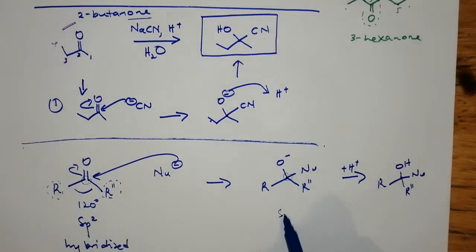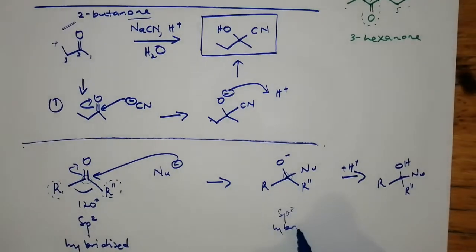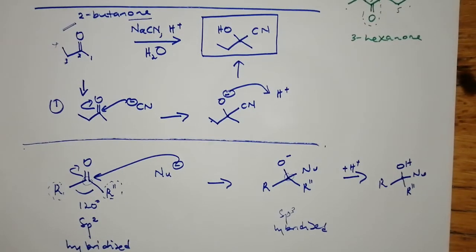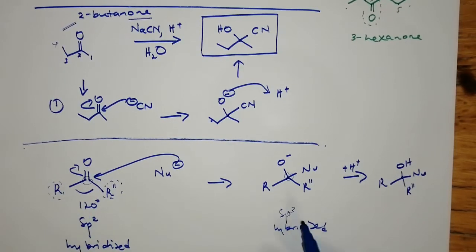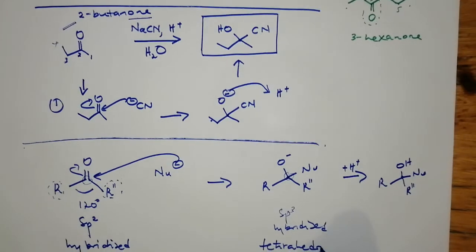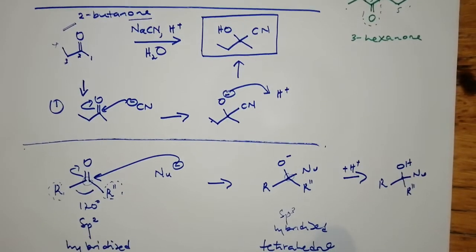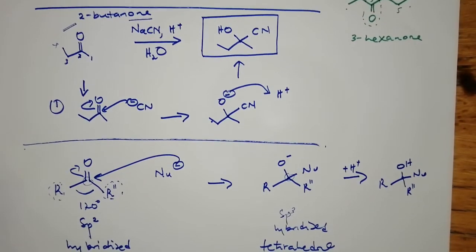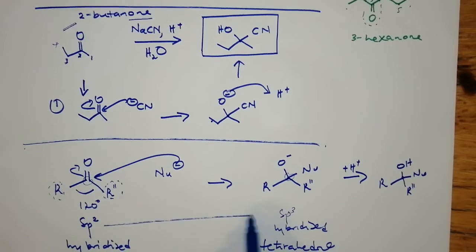So this is going to be sp3 hybridized. So now I just want us to look at this transition, that we moved from here to a tetrahedral intermediate. So this was planar, and then this was a tetrahedral intermediate. So from sp2 to sp3.